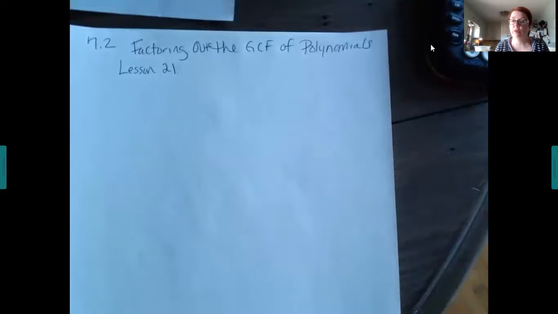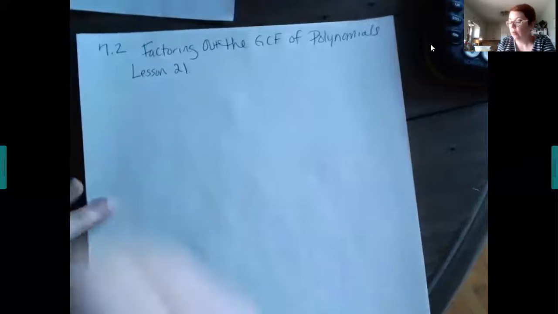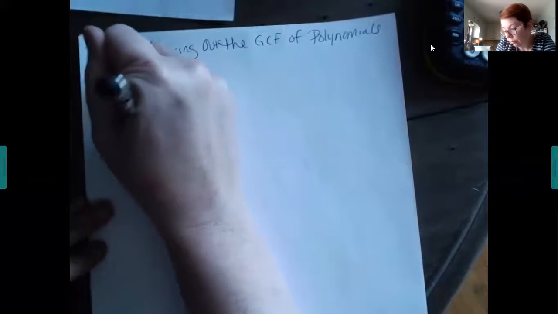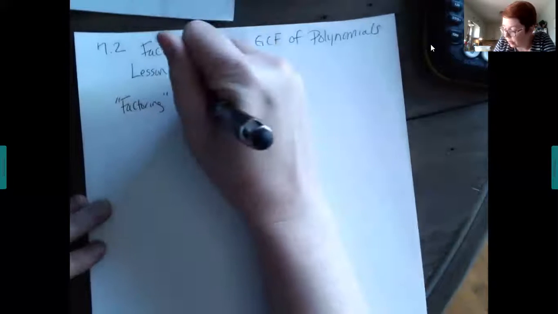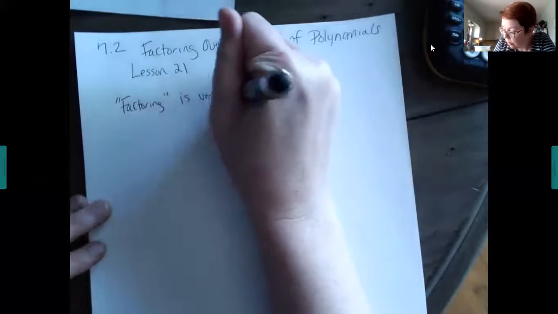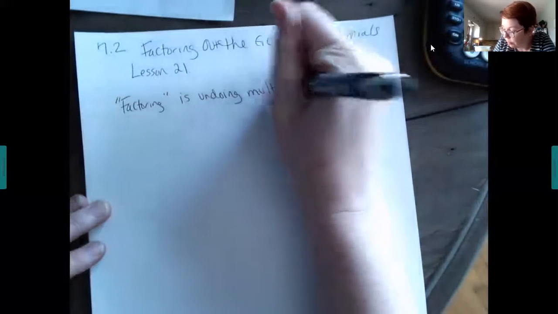We're not just finding the greatest common factor, but we're actually factoring it out, meaning that factoring is basically undoing multiplication.